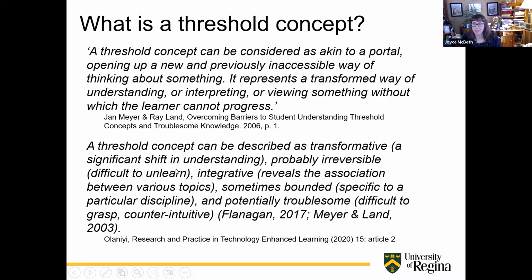We may forget that we were ever on the other side. It becomes so intuitive to us. And that can be part of the troublesome part here. They're difficult to grasp initially. And then if your teacher is like, well, this is obvious, then it's even more challenging because it can create some frustrating dynamics in our courses.